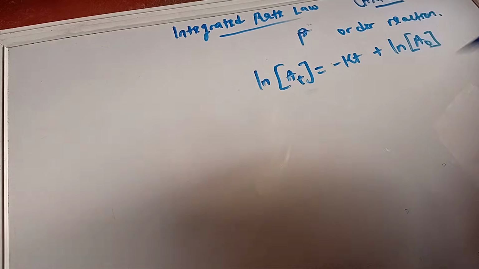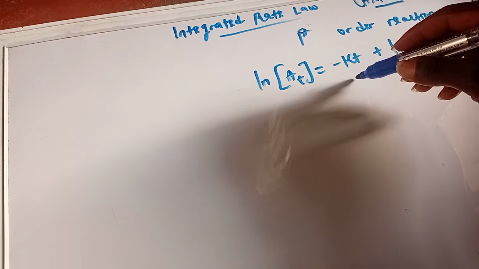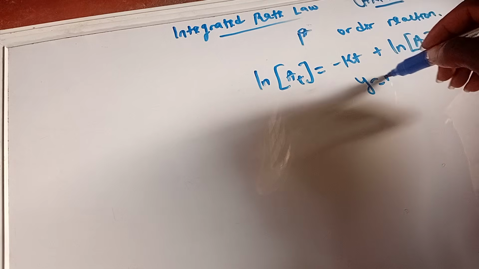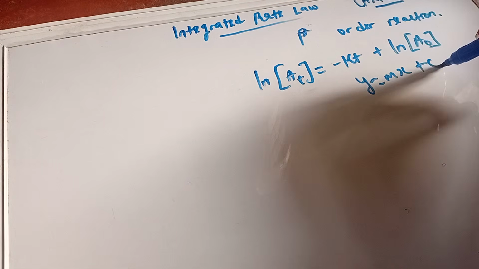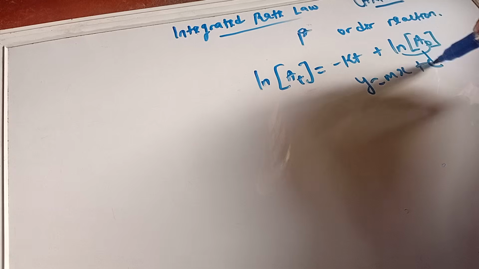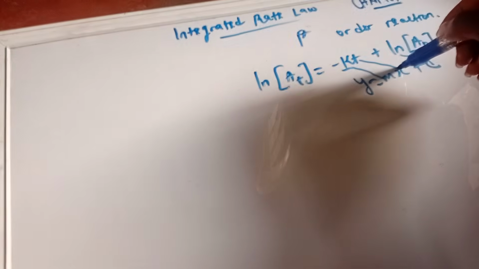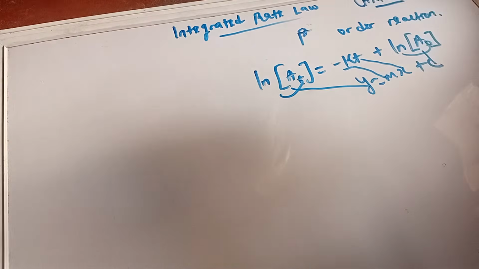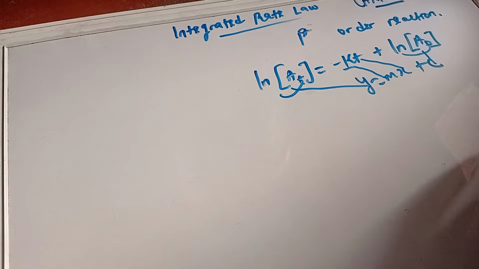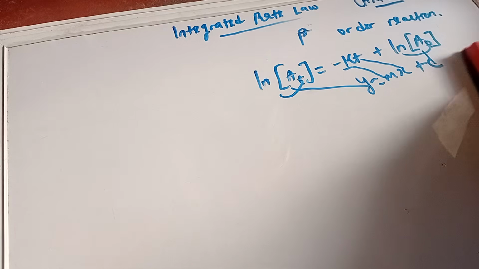You can also liken this to y equals mx plus c. So ln A naught is c, the intercept, minus k is the slope, t is on the x-axis, while ln A_t is on the y-axis if you are to plot the graph. So that's the formula for the first order.